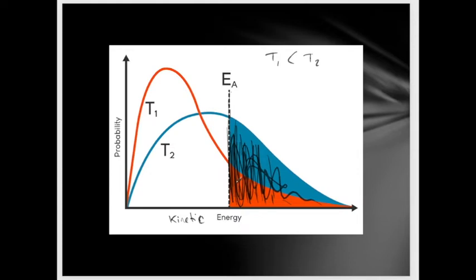So increasing the temperature is one way to speed up the reaction, because I'm giving more particles sufficient kinetic energy such that when they collide, the old reactant bonds are broken. That chemical potential energy can be overcome, and I do go over the hump on my reaction profiles, those graphs that we looked at earlier.